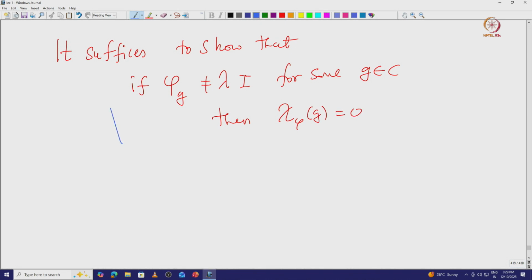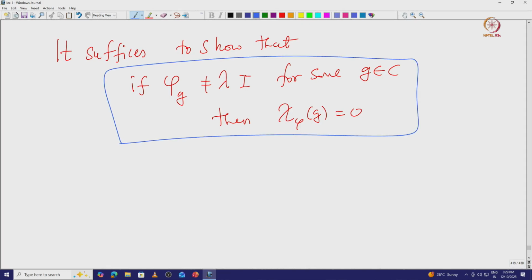So, this is what we are going to prove ultimately. But like I said, I am going to prove this later. We will see the proof later.